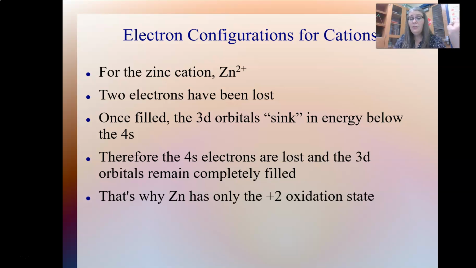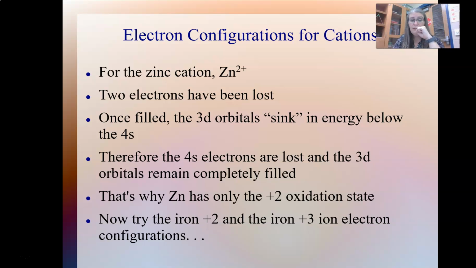And those filled 3d orbitals are lower energy. The 4s electrons are lost, and the 3d remains completely filled. And that's why zinc is only ever 2+, because once I remove those valence shell electrons, it's now disturbing low energy filled orbital sets.